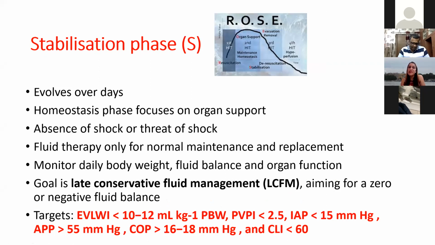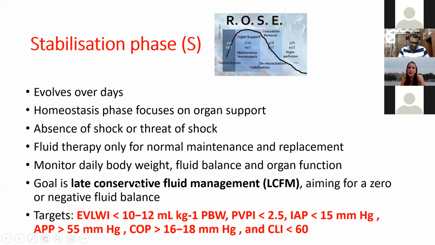The next phase is the stabilization phase, which evolves over days. This is the homeostasis phase, focusing on, as we have previously talked, organ support. There is no shock as such and no imminent threat of shock. So fluid therapy in this phase is only for normal maintenance and replacement.